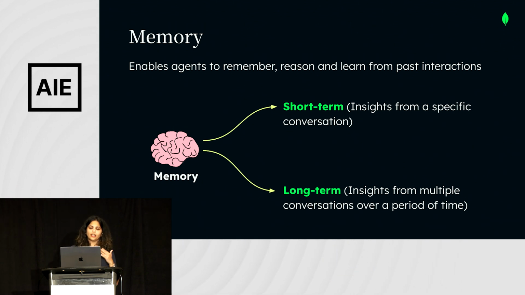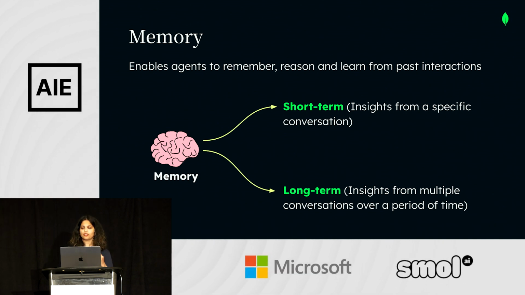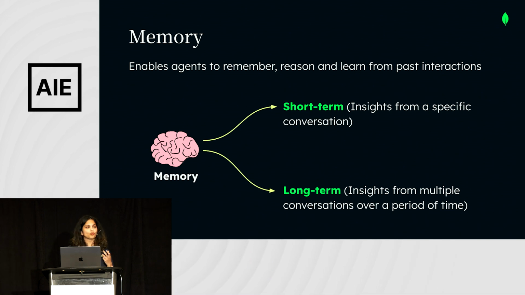Short-term memory, in the case of agents, deals with storing and retrieving information from a single conversation. Long-term memory deals with storing, updating, and retrieving information from multiple conversations had over a period of time. This is what really helps agents personalize their responses over a longish period of time.